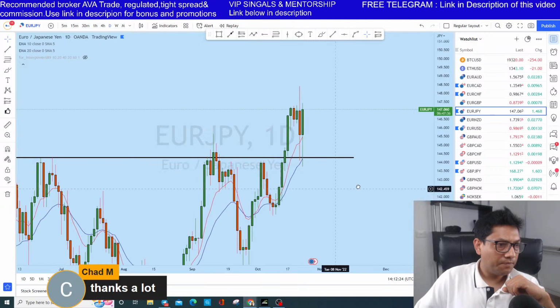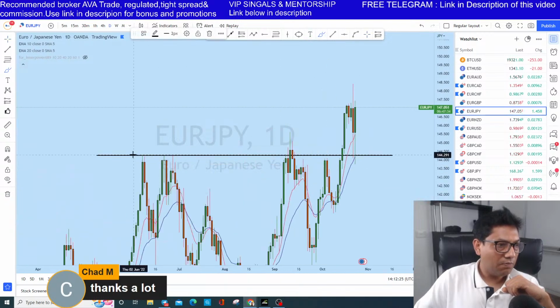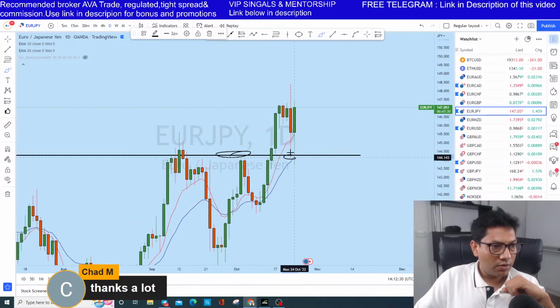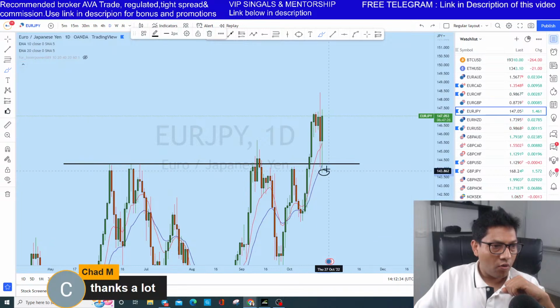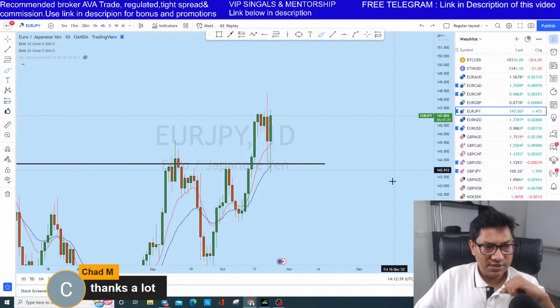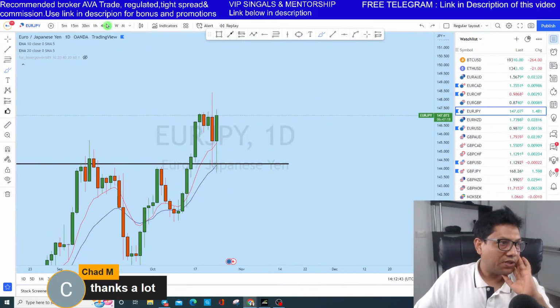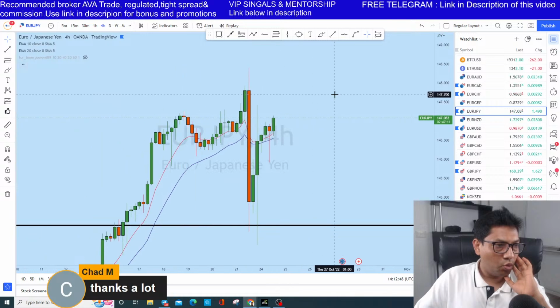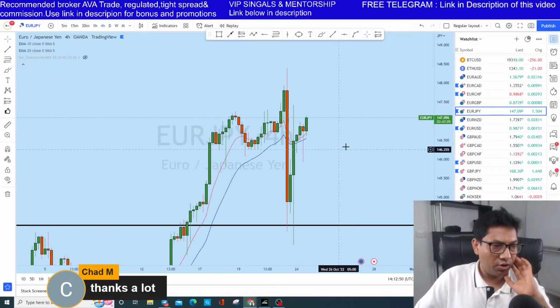When you see that the price tested the resistance multiple times, the first one is a test, and then the second time it created a false breakout and then rejected. So on Eurojpy, we can see a good move to the upside, and I'm waiting for a bullish entry on Eurojpy.